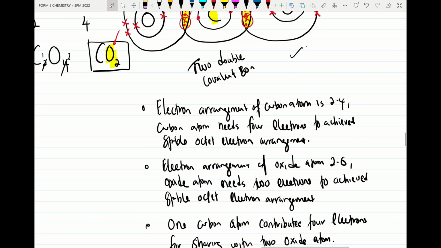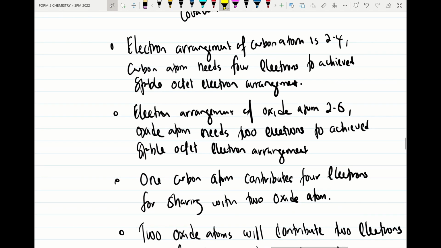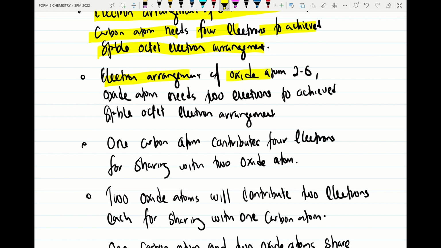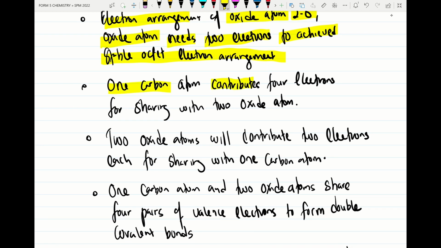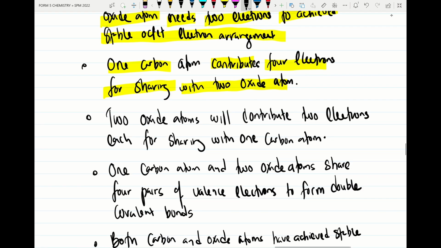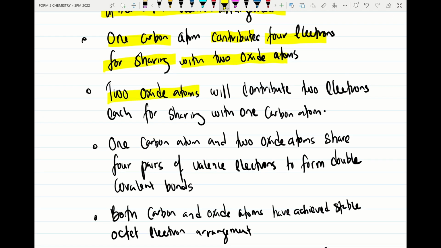All right, so that's how we do the essay question. So I read again: the electron arrangement of the carbon atom is 2.4. Carbon atom needs 4 more electrons to achieve stable octet electron arrangement. The electron arrangement of oxide atom is 2.6. Oxide atom needs 2 electrons to achieve stable octet electron arrangement. One carbon atom contributes 4 electrons for sharing with 2 oxide atoms. 2 oxide atoms will contribute 2 electrons each for sharing with one carbon atom.